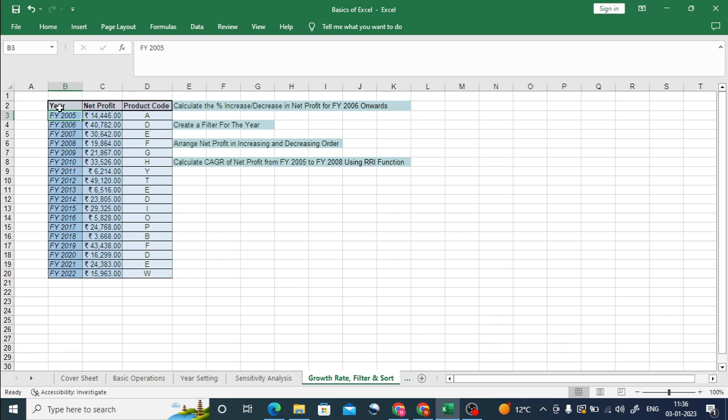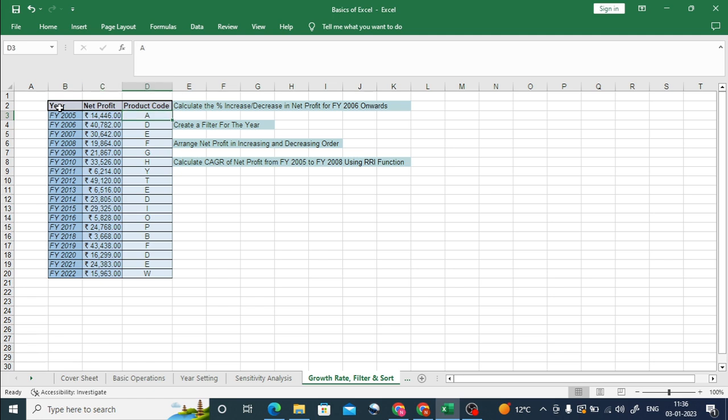In the same manner, below financial year 2005, we have financial year 2006 and so on. And we have the amount of net profit. So in financial year 2005, the net profit was 14,446 rupees, and in the same manner it continues.